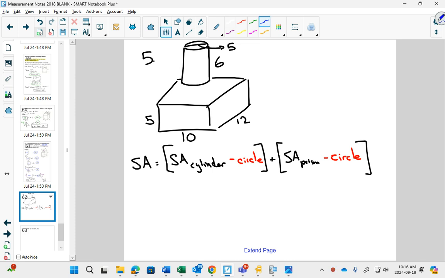So I'm going to do this big set of brackets first, and that set of brackets second. So when I go here to number 1, I'm going to write out the idea. I'm going to take the surface area of my cylinder. I'm going to subtract the circle.